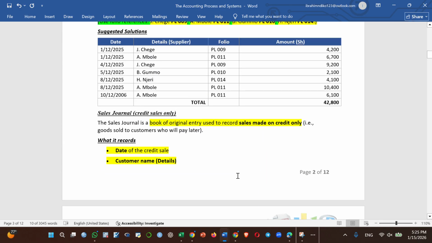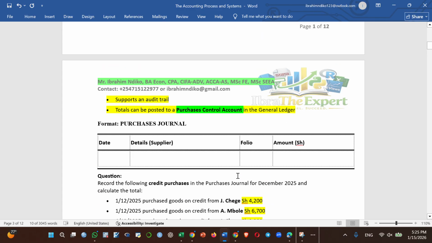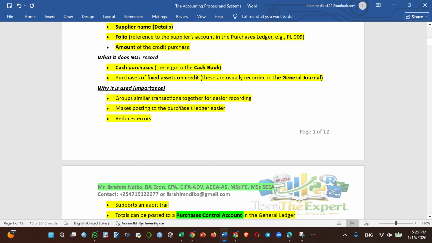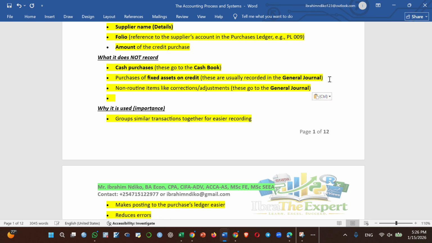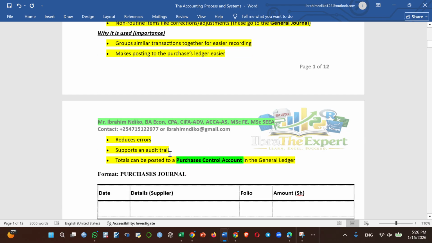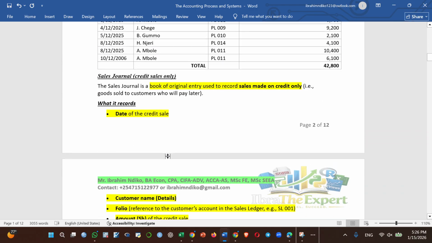Let's add them there, the corrections and adjustments. So it does not record the non-routine items.